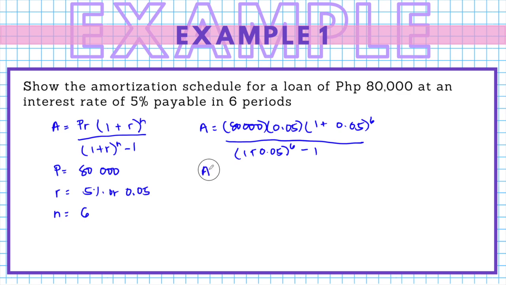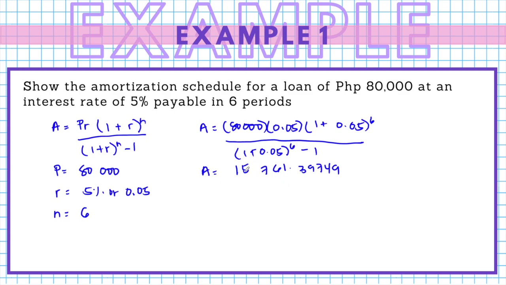So in simplifying this using your calculators, you will get a monthly payment of 15,761.39745. So I use here 5 decimal places just to make sure that the balance at the end of 6 periods is 0. So take note of this monthly payment because each period we will be using this value.